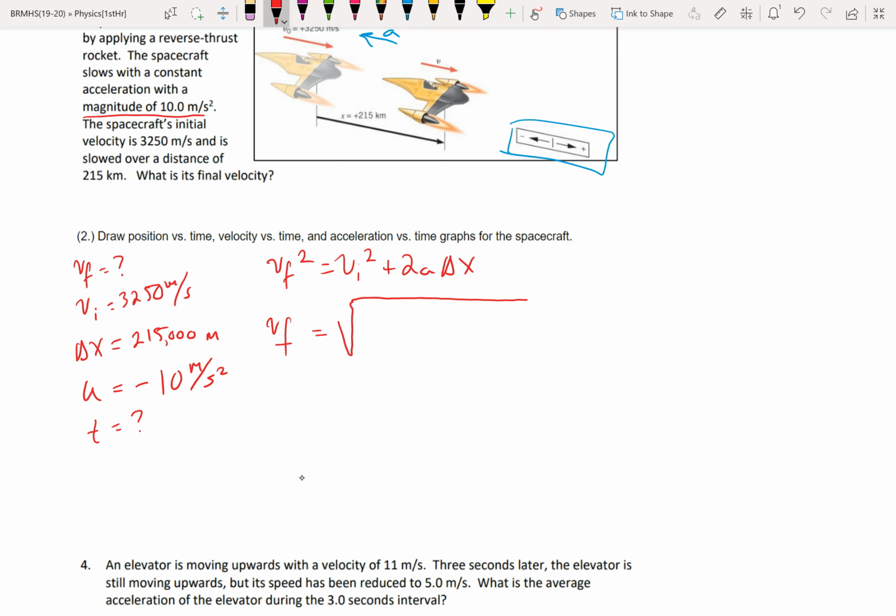And I have v_i squared, so this is, just to be super clear, that's squared plus twice, and then here comes the acceleration. It's got to be negative times delta x, which is now 215,000 meters.